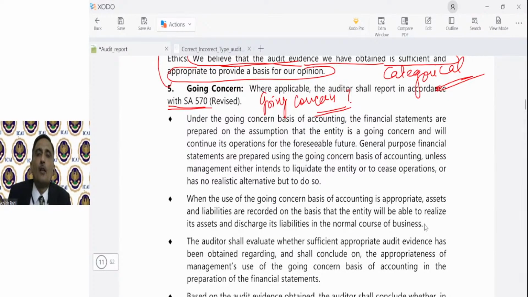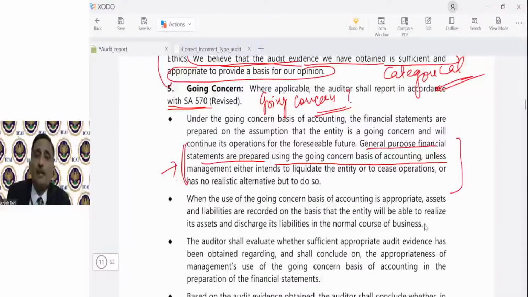General purpose financial statements which are prepared in accordance with a general purpose framework are prepared using the going concern basis of accounting. You have read in your accounts classes also that general purpose financial statements are prepared using the going concern basis of accounting, unless the management intends to liquidate or wind up its business or to close its operations.